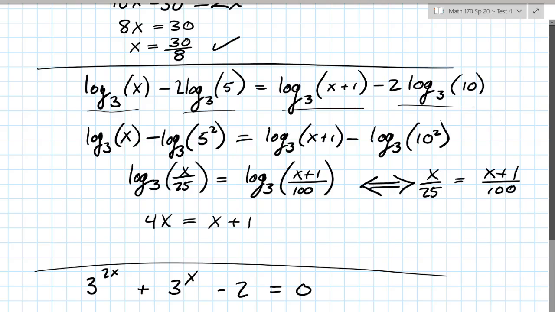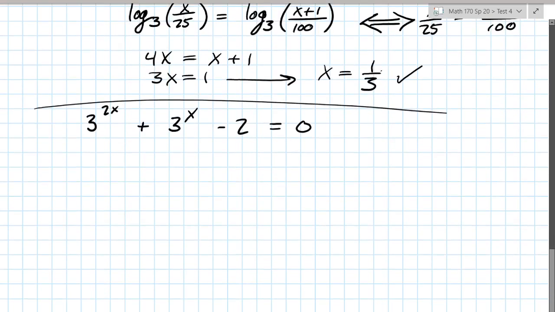Subtracting x from both sides gives me 3x is equal to 1, which means x is equal to 1/3. Is this okay for x? Substitute x equals 1/3 back into the original problem, and it's okay there, and it's okay there. Everything looks good.